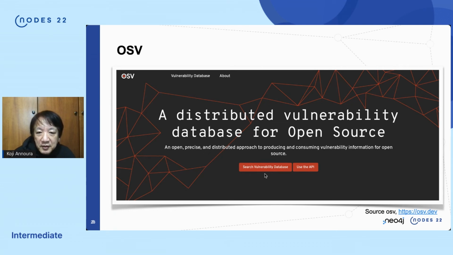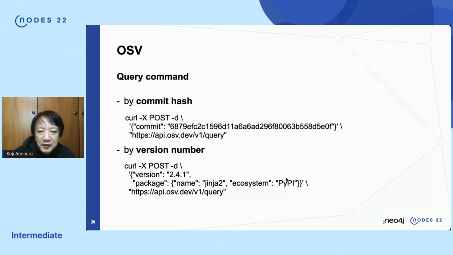You can see a red button, search from database, and you can use the API like this. Query command like this, so easy.